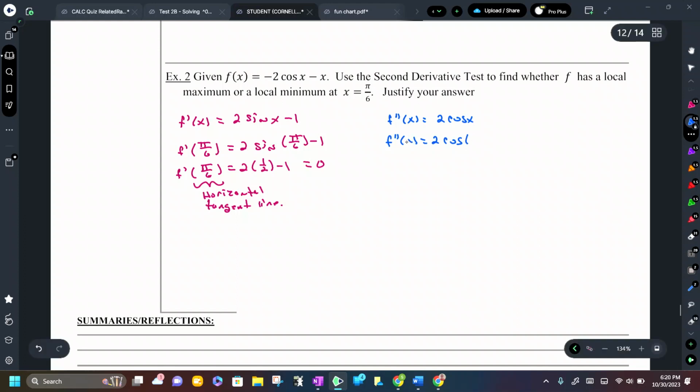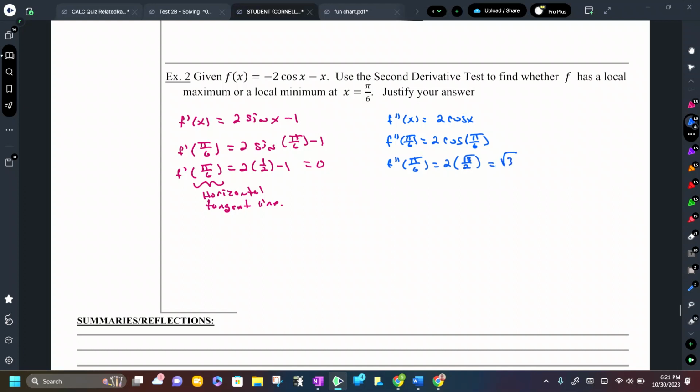Whoops, I should have said pi over 6, excuse me. So 2 cosine of pi over 6. f double prime of pi over 6 is equal to 2 times the cosine of pi over 6, which is the square root of 3 divided by 2. And so this simplifies to the square root of 3.